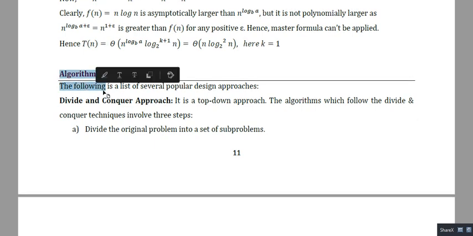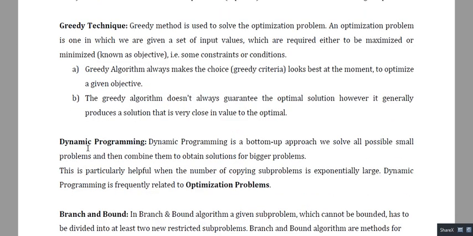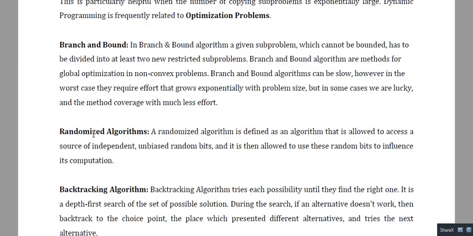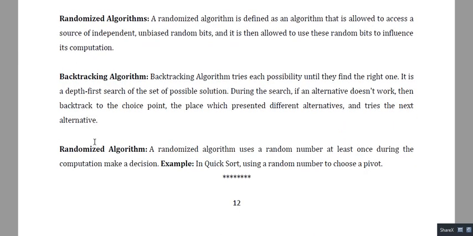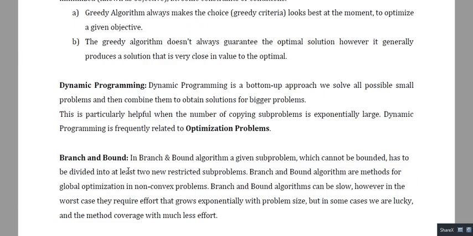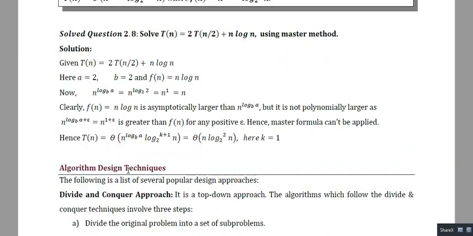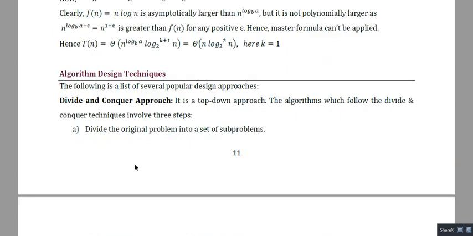What are the different algorithm design techniques, like divide and conquer, greedy techniques, dynamic programming, branch and bound, randomized algorithm, backtracking algorithm. In my subsequent lectures I shall be deeply going through all these algorithm techniques.